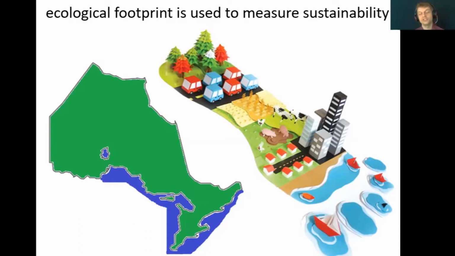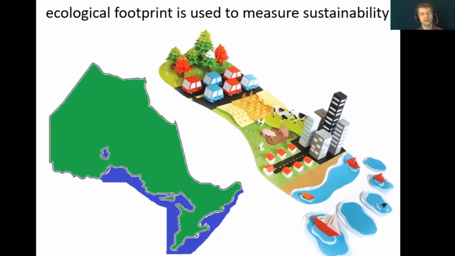So whenever you leave the city and see lots of forests and farmlands across Ontario, keep in mind that this is an amount equal to all the area that's used across the planet to sustain all of our consumption in Ontario. So in other words, even though it looks like there's a lot of nature out there that we haven't yet consumed, actually we're consuming the products of a lot of nature, even if it's not apparent to us.